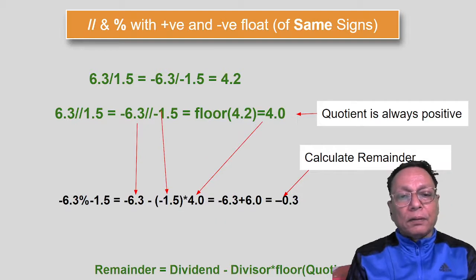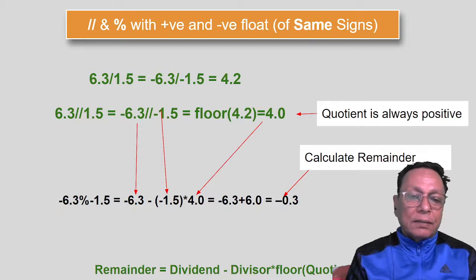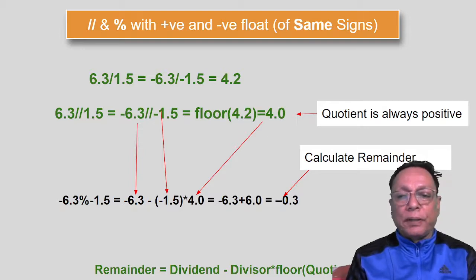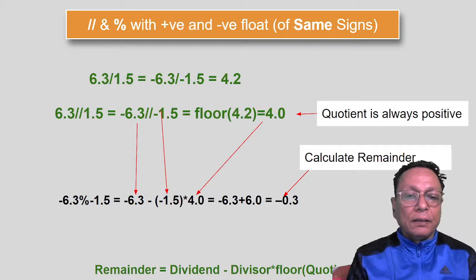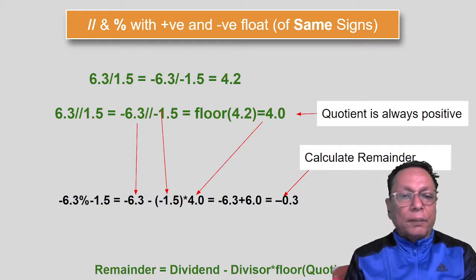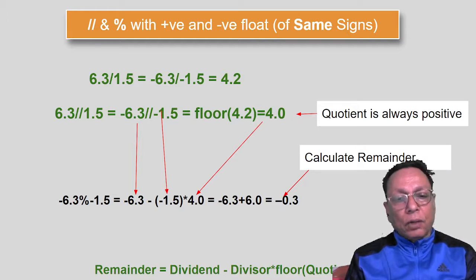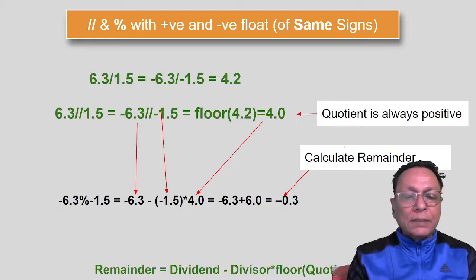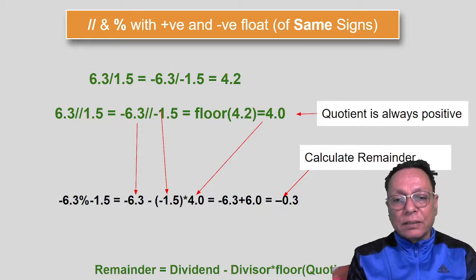What if same signs, negative? In the previous case, all the values were positive, so the remainder was positive, and here all the values are negative, so the remainder will also be negative. So minus 6.3 modulo minus 1.5: the dividend is minus 6.3, minus the divisor, and the divisor is negative, so minus minus is positive, 1.5 into 4.0.